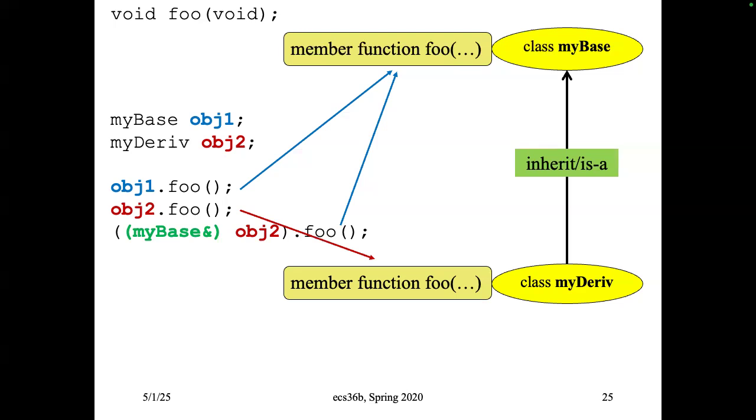So this object is really internally my derive, but because of the cast, what is a cast? It is wearing a mask. Okay, I'm wearing a different mask such that it looks like it is my base. So now when I call the function, I'm going to call the parent's. So essentially casting is a way for you to control which member function to call.